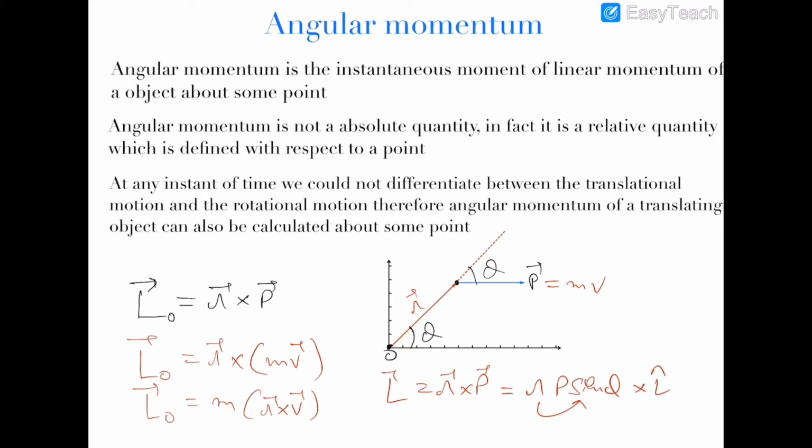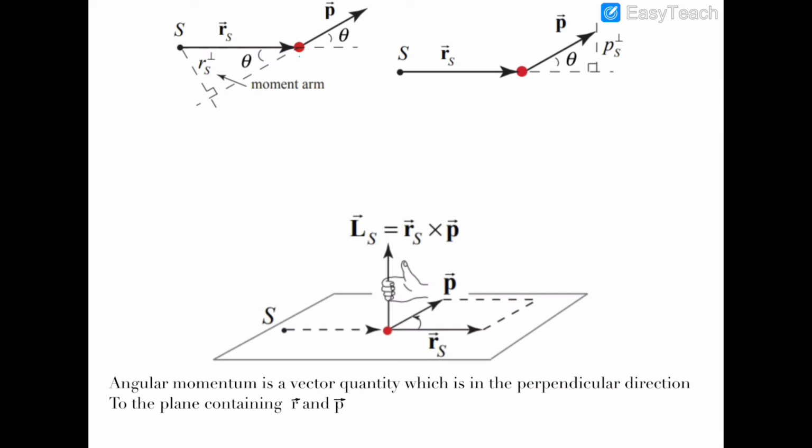If we write the angular momentum in vector form about S, it would be r cross p, and its magnitude will be r p sine theta L cap.